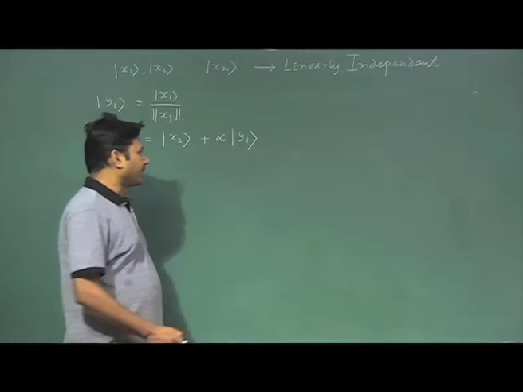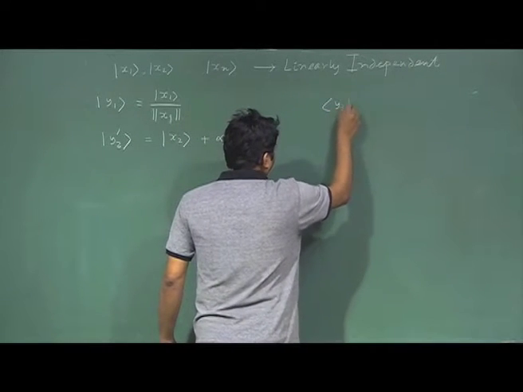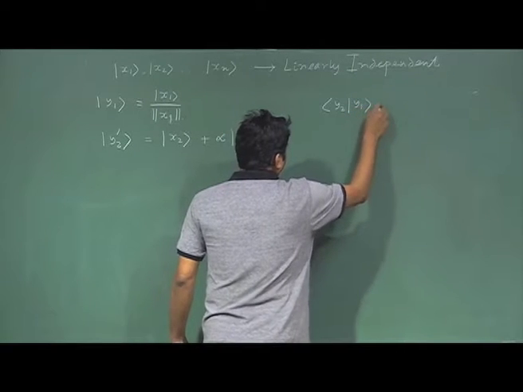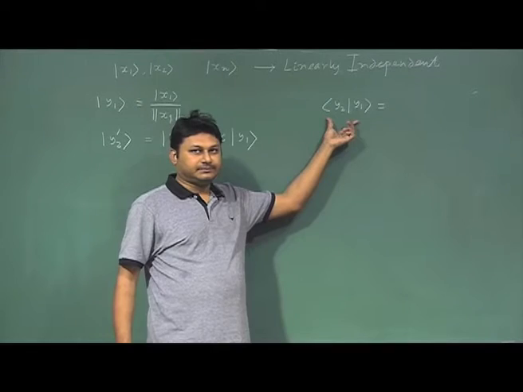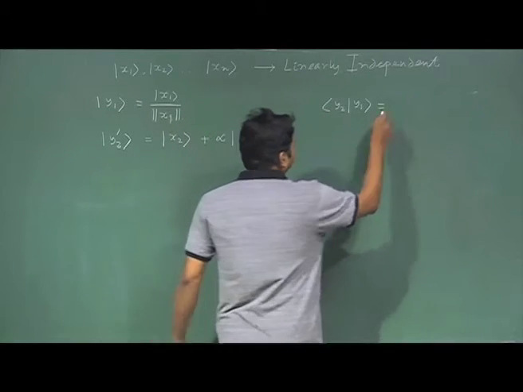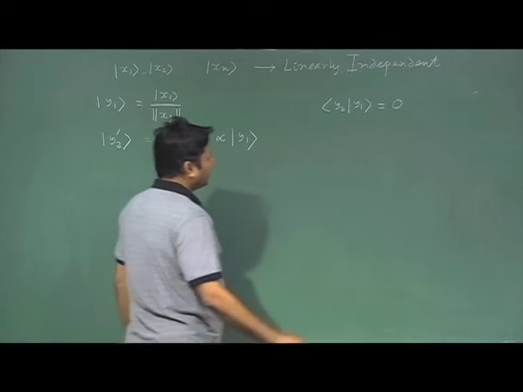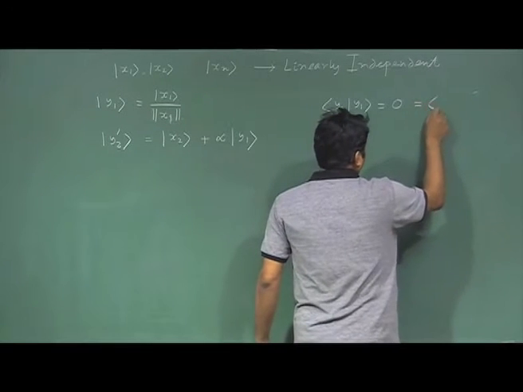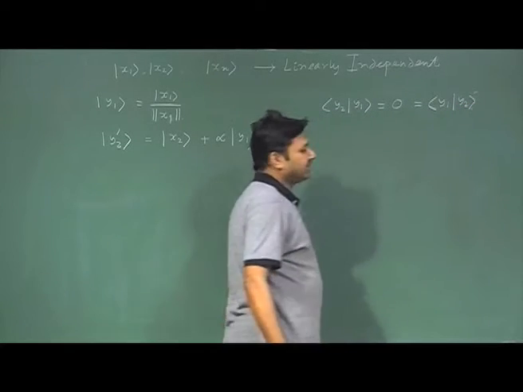How? Let me explain. My idea is that y2 and y1 should be orthogonal to each other. So if that is the case, this quantity has to be 0, or in other words, y1 dot y2 is 0. In both cases the meaning is the same.